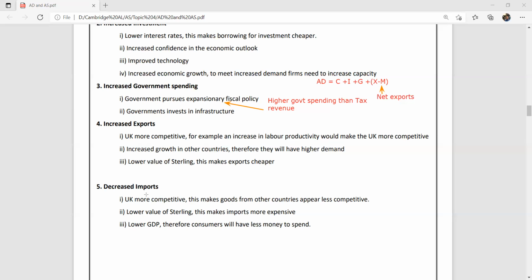Increased growth in other countries means higher demand. Nowadays, other countries are having a recession, so we can't export much. What is the reason? Our goods are having lower demand. Then the country's exports are low. In some cases, the countries are performing well abroad.